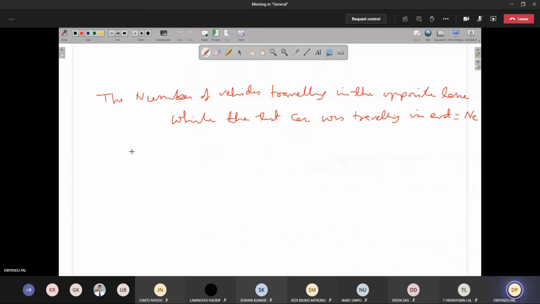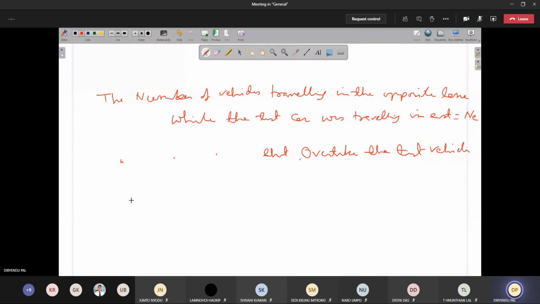Next, write down the number of vehicles that overtake the test vehicle or car, whatever.